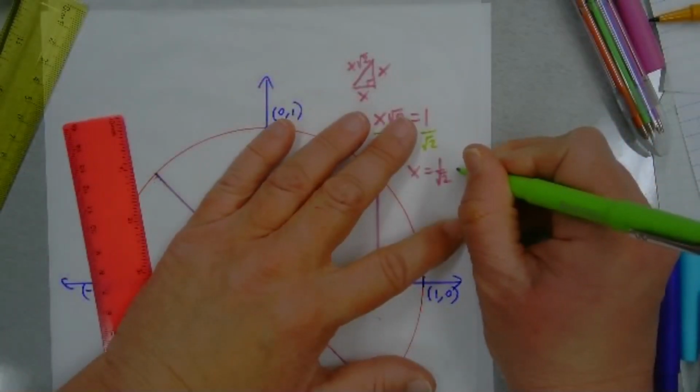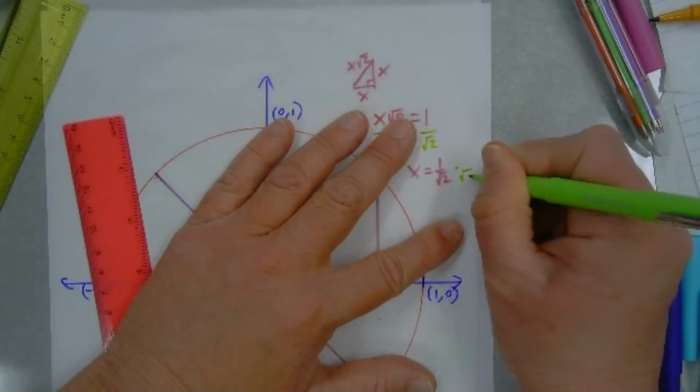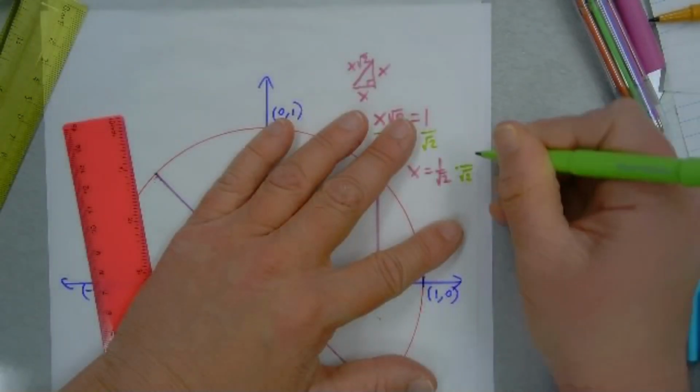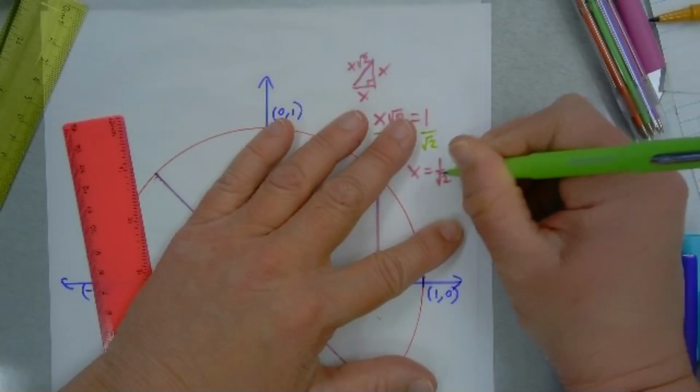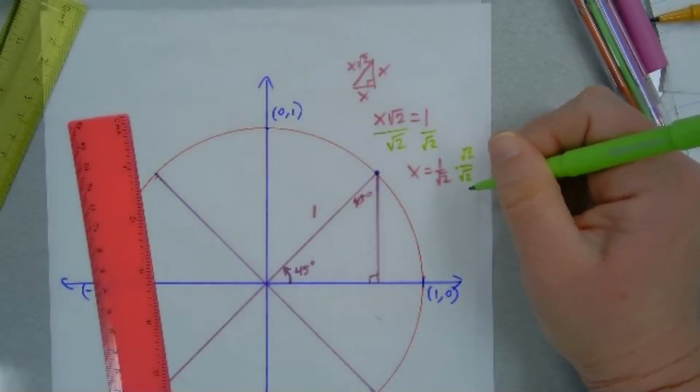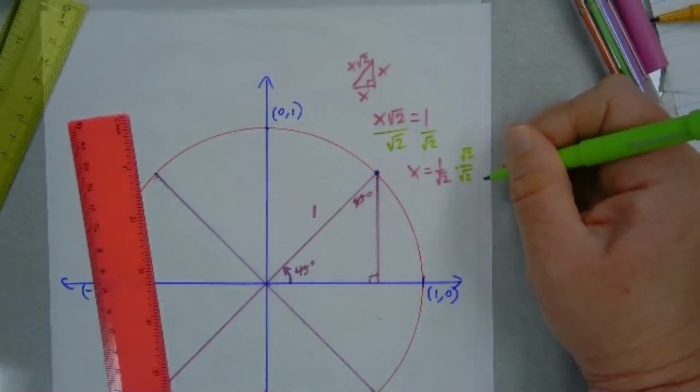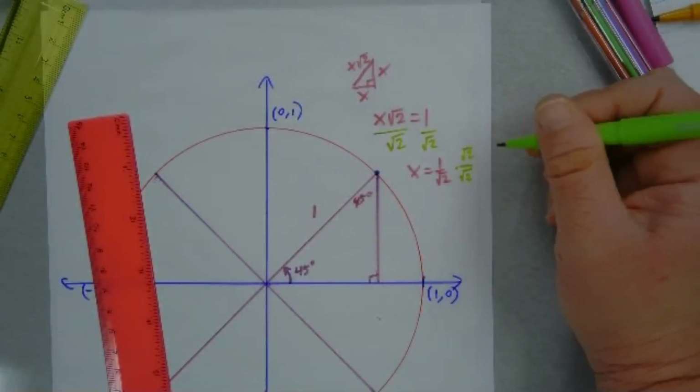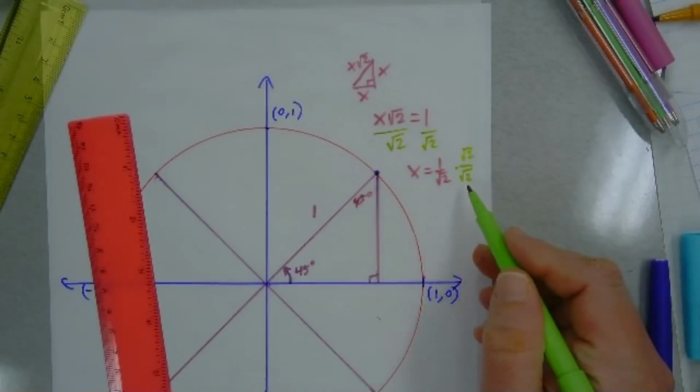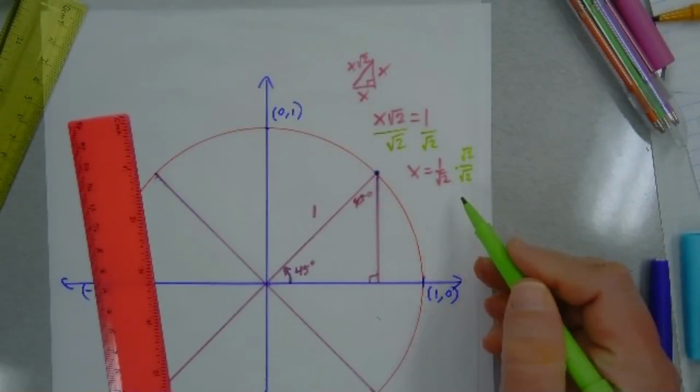The way to rationalize a denominator is to multiply by a special form of 1 of whatever the irrational thing is in the denominator over itself. This is just a funny form of 1 because anything divided by itself is 1. Any root times itself is the thingy under the root.